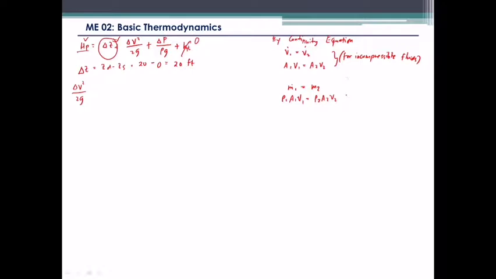So, this is for compressible fluids. This is by continuity equation principle. For incompressible fluids, ang density is just the same, so ang density at point 1 and point 2 is same.